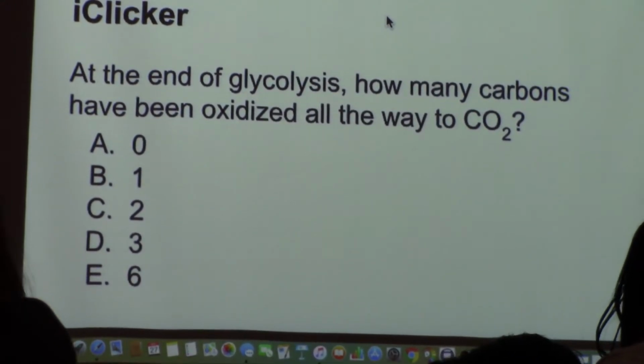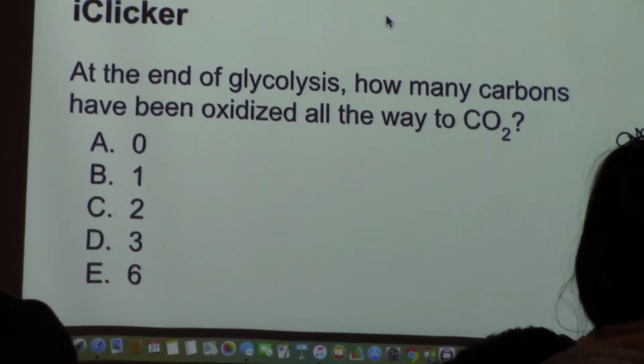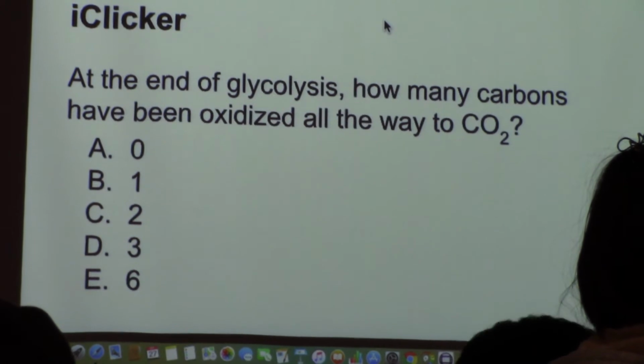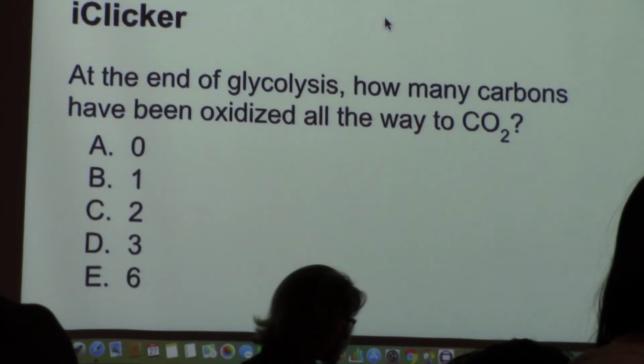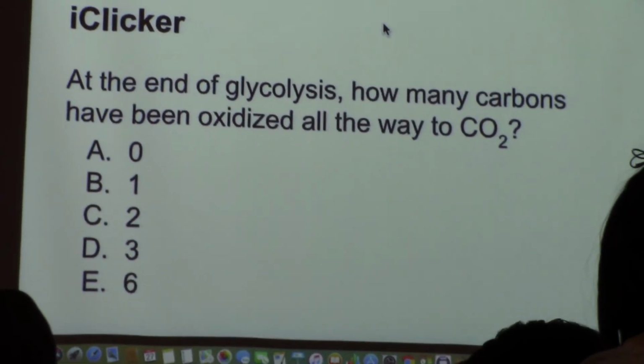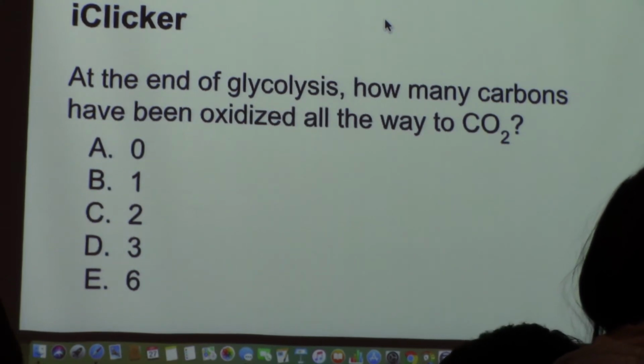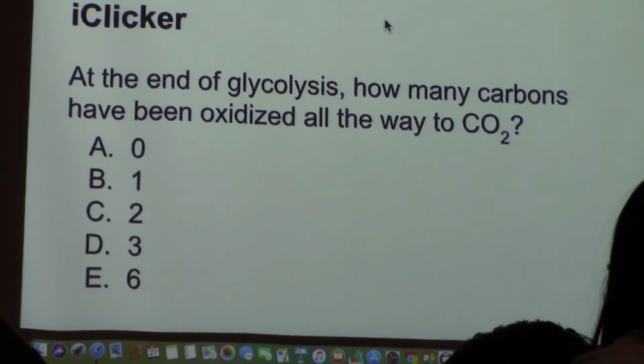Counting the bridge step? Not counting the bridge step. The end of glycolysis is pyruvate. Confer if you need to.